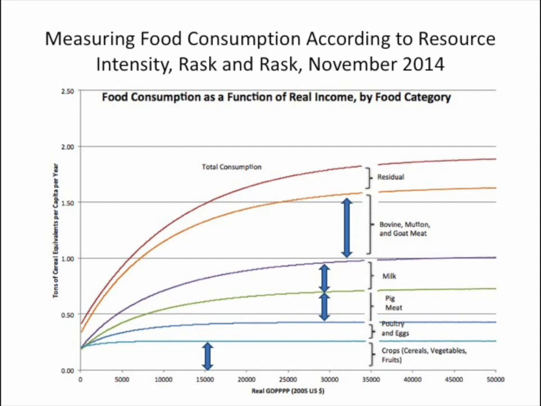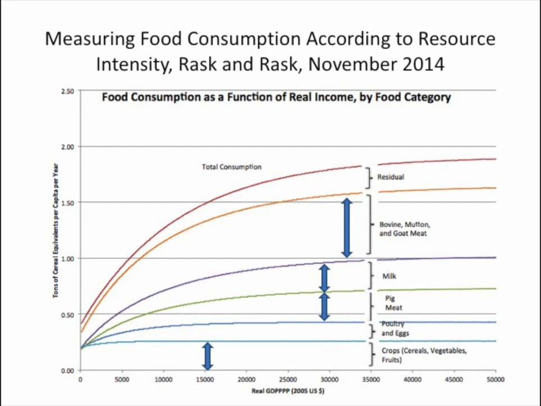So as we see people get wealthy, we see calorie consumption increase, but the reason why it is increasing is because we're seeing people add meat or protein to the diet. In this case, we're seeing more pig, hog, pork consumption, milk consumption, and beef or lamb consumption.